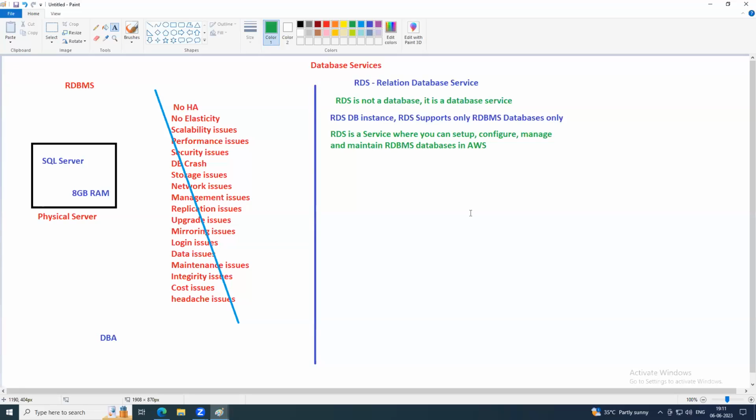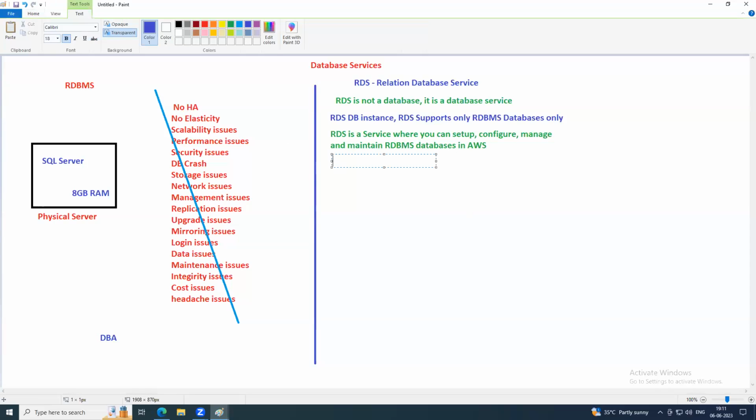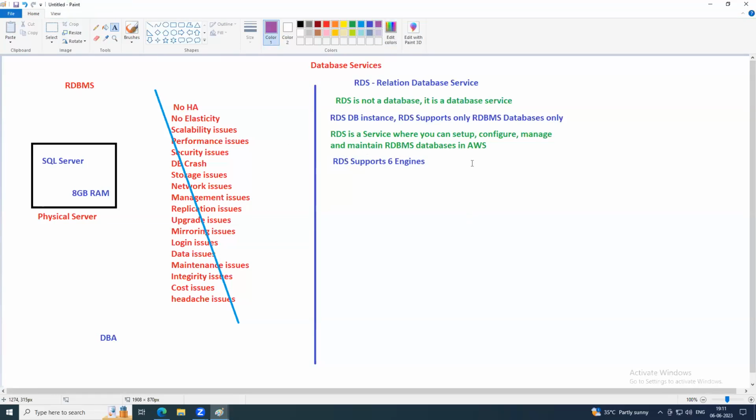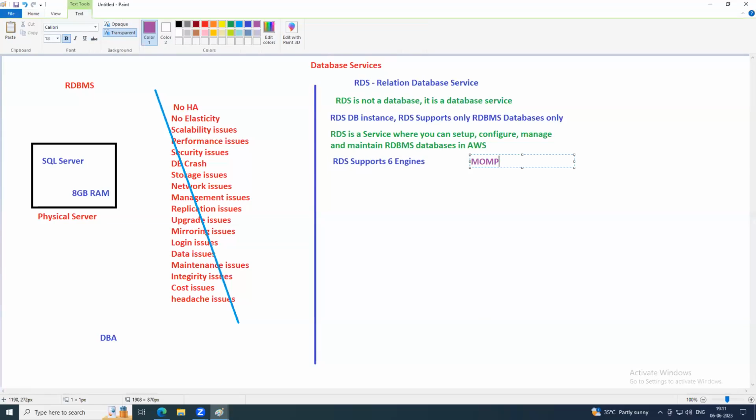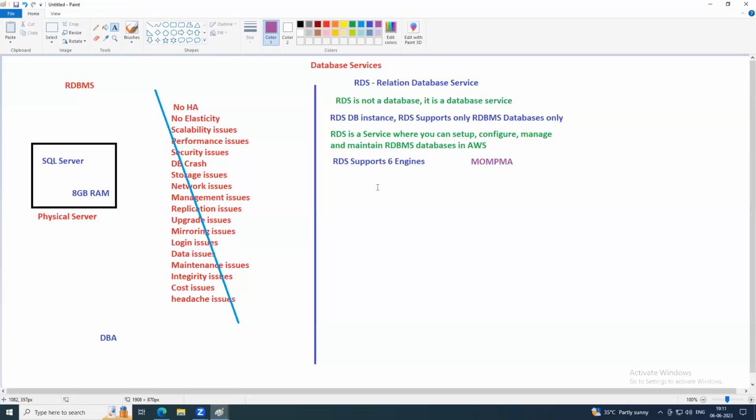Okay. So guys, RDS supports 6 engines. Those are called MOM PMA. I remember it like this. What are those engines?